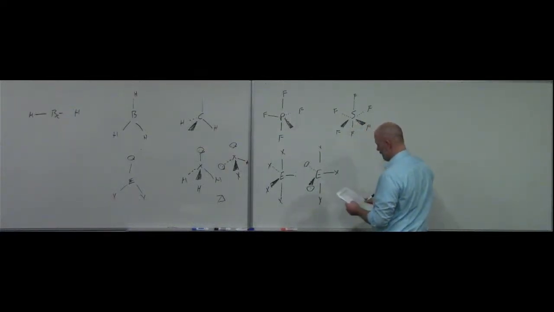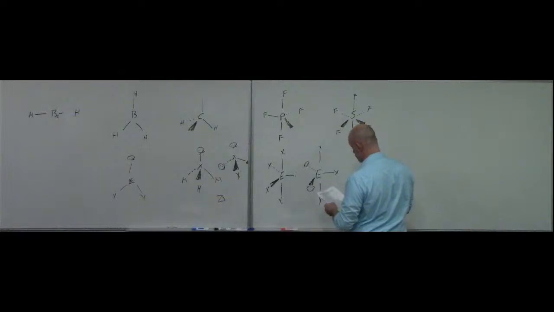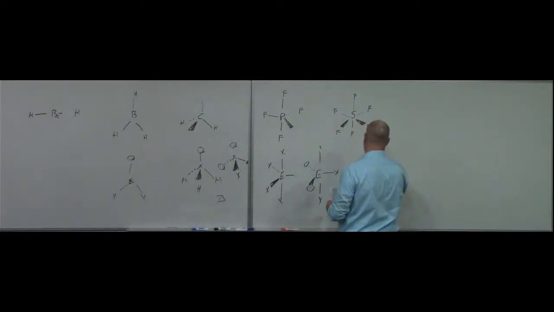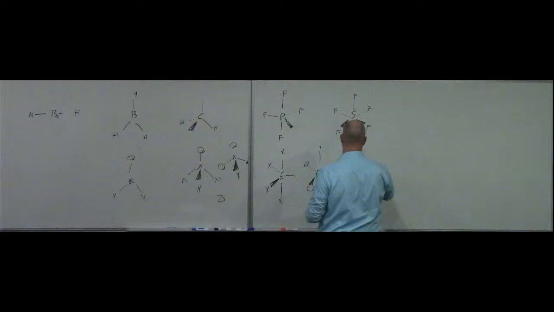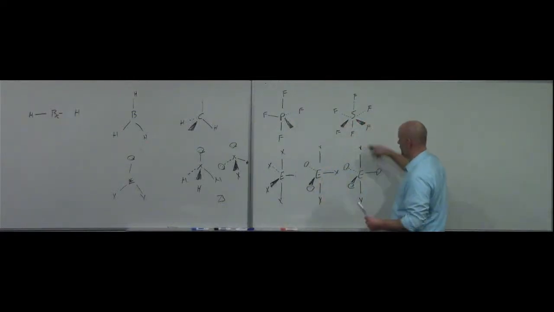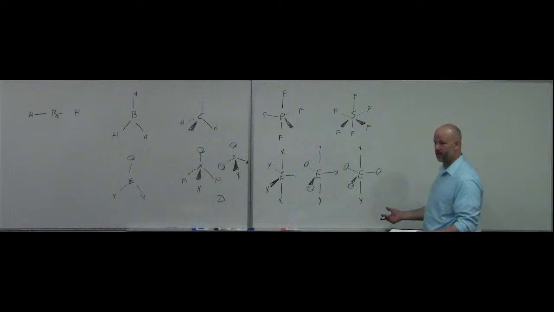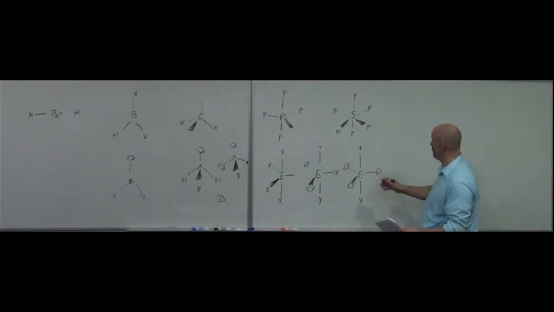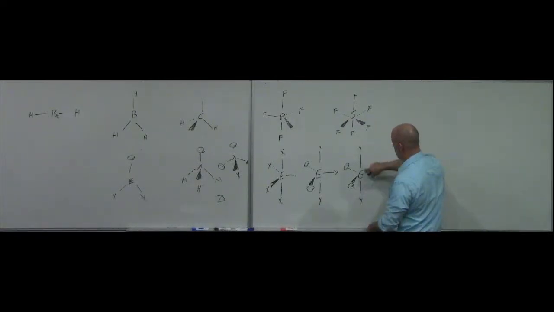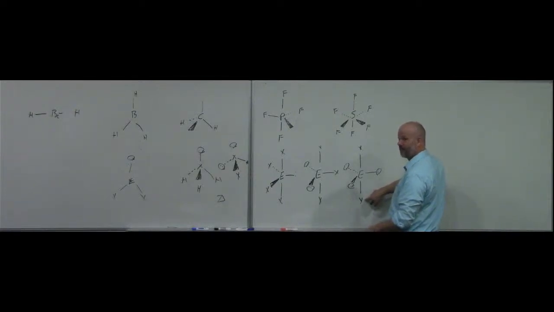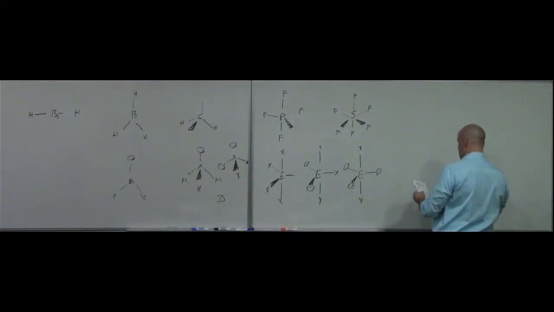Okay, and then we can go 1 more. Now all I've got with these, what shape is that? It's just linear. These are your only elements. Yes, so it's going to be linear. Good.